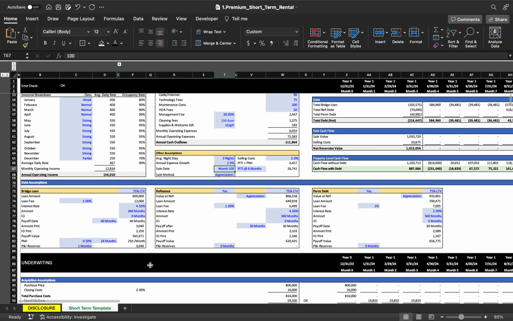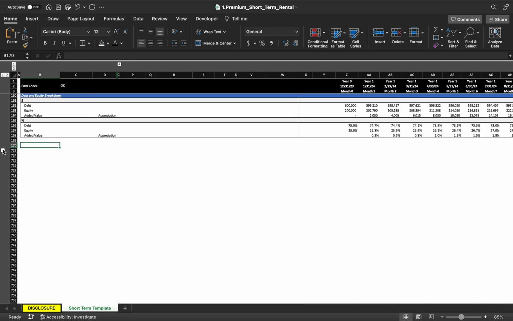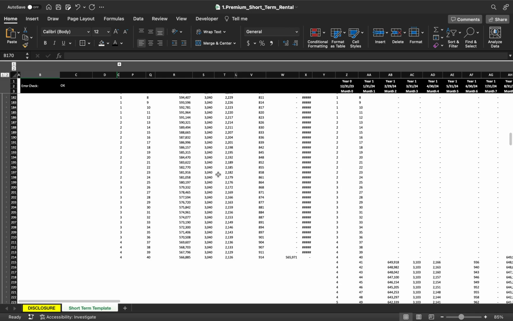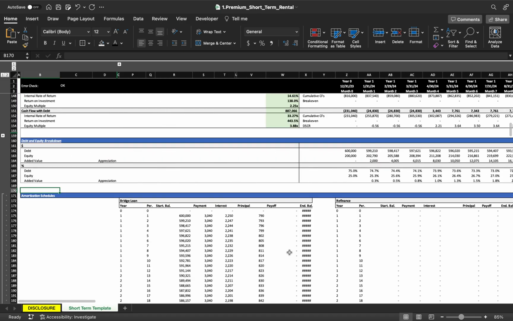And all of these auto-populate, so it tells you what your payoff value is based on an amortization schedule, which we have in this. It's actually hidden, but you can see here what the amortization schedule is for those loans. Scrolling back up, you have the first loan, the second loan, and then that third loan.